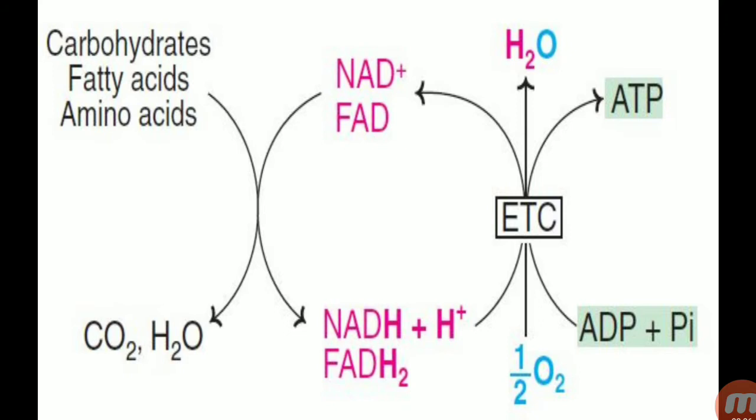During this process, the ATP is formed with the help of ADP and Pi, and the half molecule of oxygen is converted to water. So this is the overview of the electron transport chain.